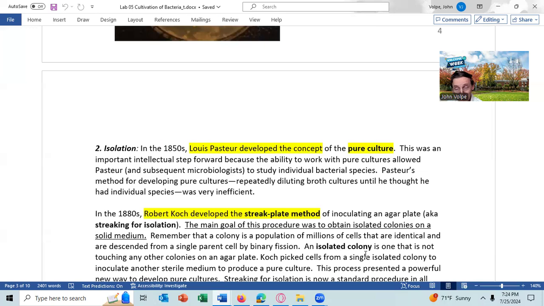In over 95% of the cases, those colonies are pure, which is good enough for working in microbiology. Let me point out that if you only did this one time, the chance that the colony is pure is only 70%, and that is not high enough for microbiology. Any question about any of that?